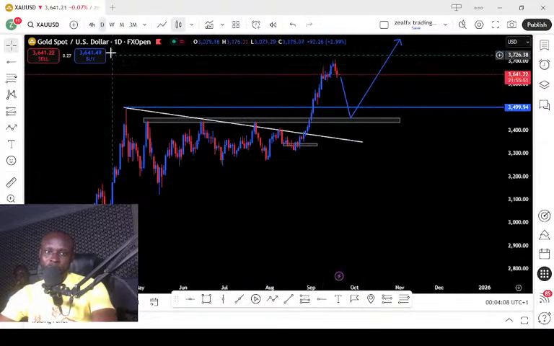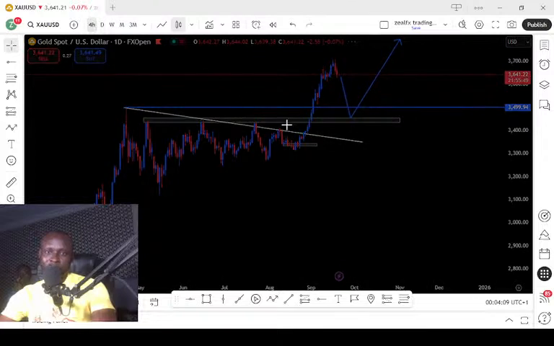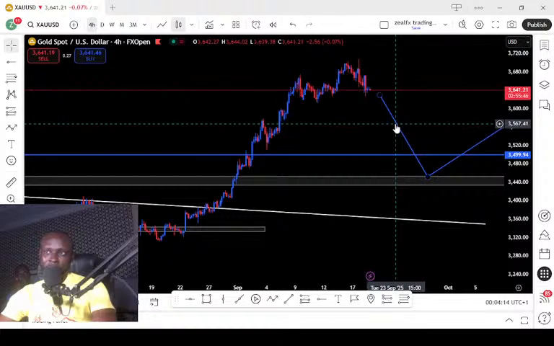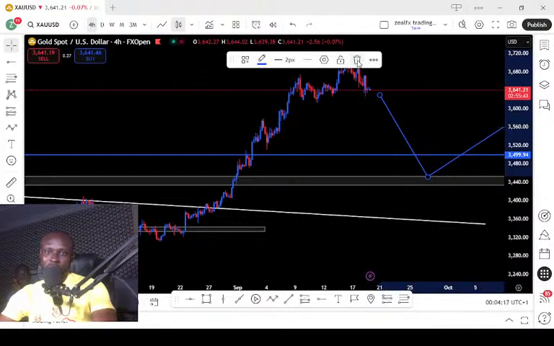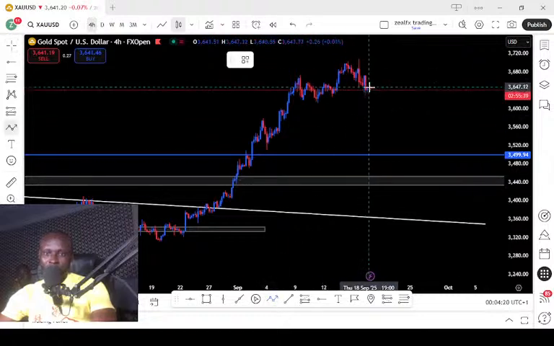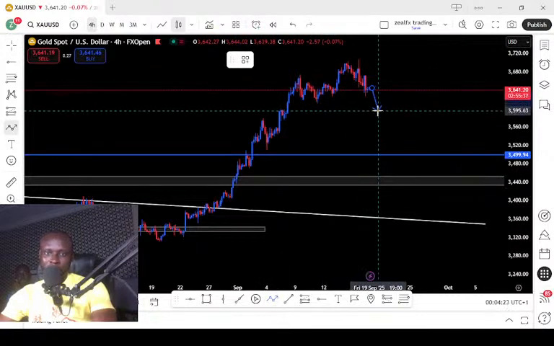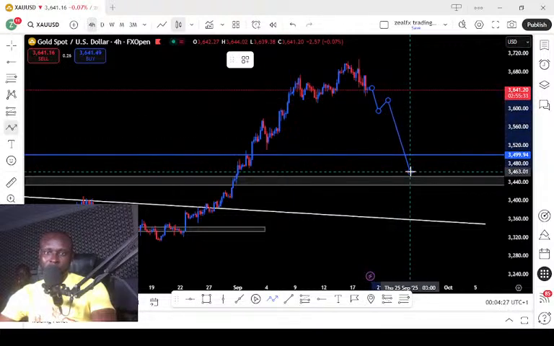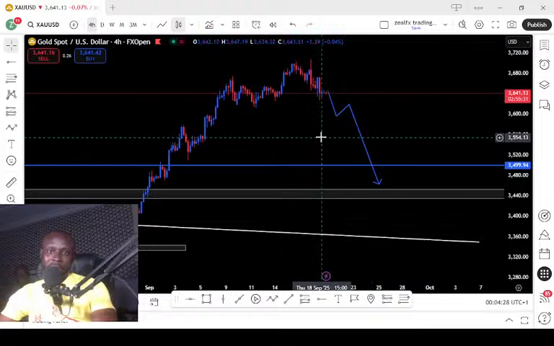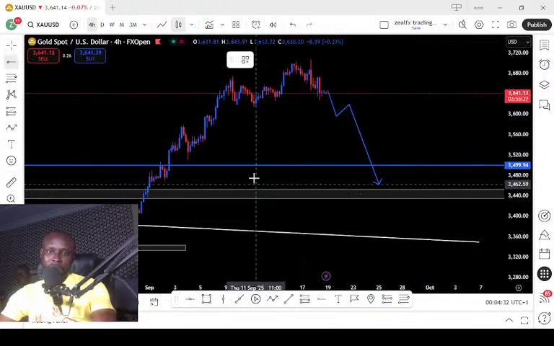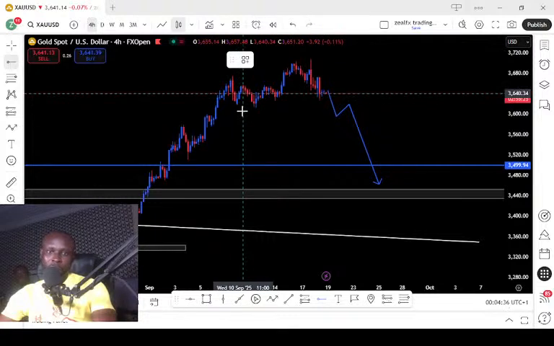If you want to join the sell on gold, you can go to your lower time frame, which has a good downtrend structure. Let me analyze what we expect for price to test to this zone. So on the 4-hour chart, once we have this price break below this level, expect a retest, then we'll start looking for possible sells for price to this level, because currently the key level for gold to break for the downtrend to start is this current 4-hour support level.